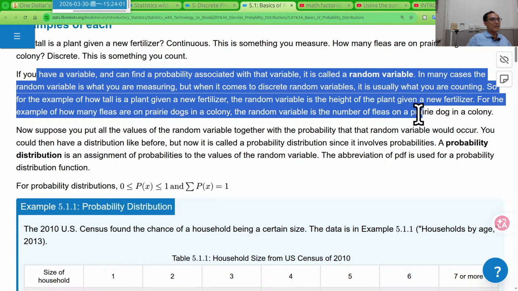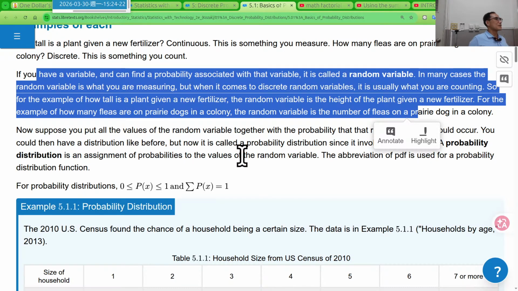In many cases, the random variable is what you are measuring, but when it comes to a discrete random variable, it is usually what you are counting. So, for example, how tall is a plant given a new fertilizer?